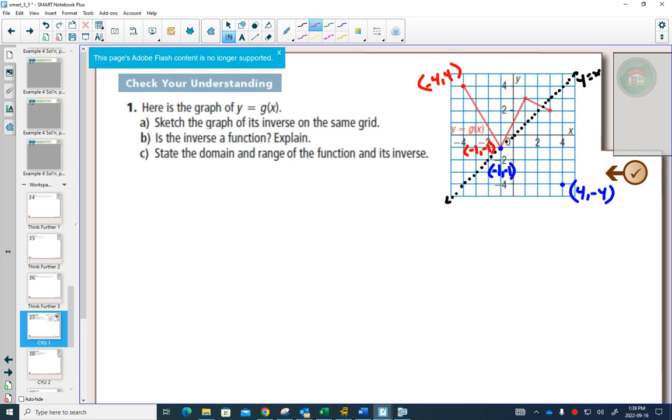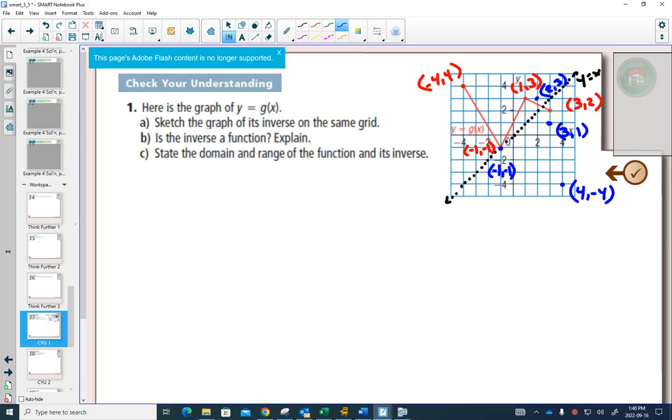The next point, which is at 1, comma 3, we switch the points and we get 3, comma 1. And some of you are thinking, why can't math always be this easy? I just have to change the points. This would be great. And finally, we have on the red graph 3, comma 2. That will give me 2, comma 3.